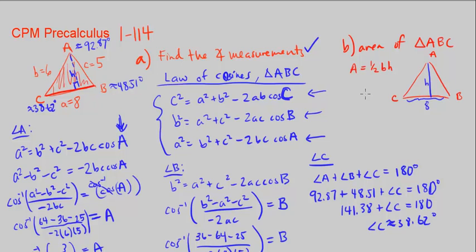Well, since we know angle C, right, we can look at angle C and our trig identities. So using SOHCAHTOA, right, sine of angle C is equal to the opposite. So if we're looking at just this triangle right here, let me put it in orange.